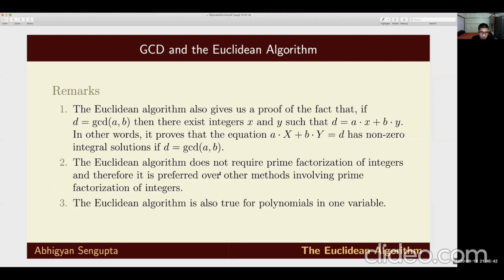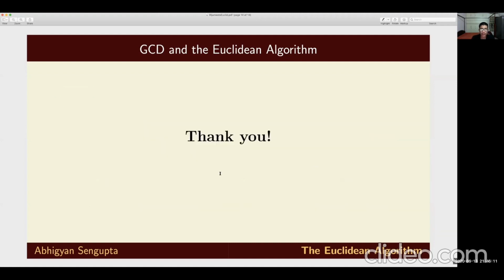In other words, it proves that the equation A dot x plus B dot y equals D has non-zero integral solutions if D is the GCD of A and B. The Euclidean algorithm does not require prime factorization of integers and is therefore more preferable over other methods involving the prime factorization of integers. The Euclidean algorithm is also true for polynomials in one variable. By this, I end my presentation.